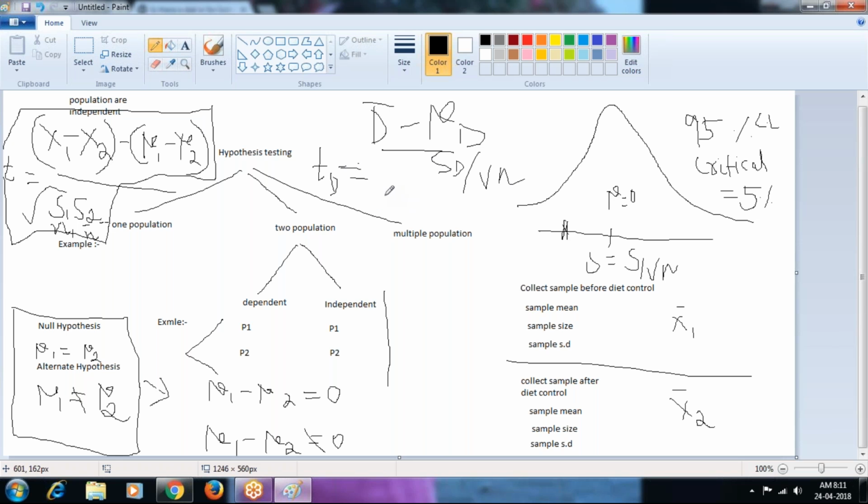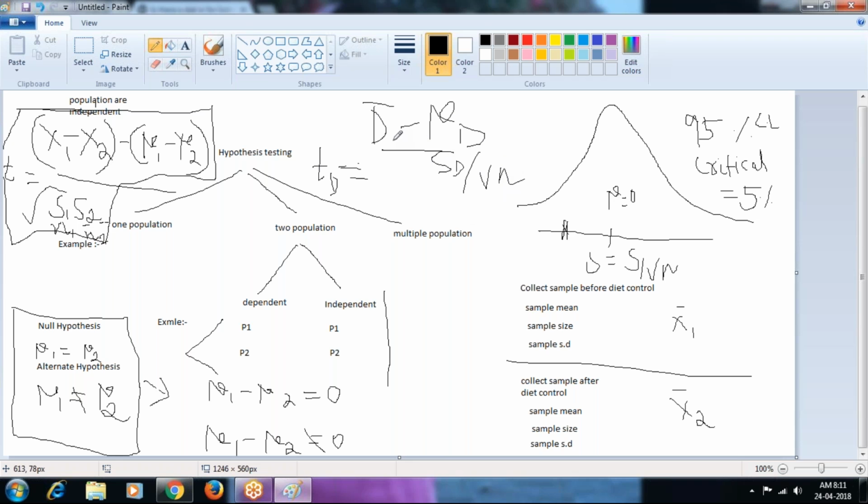So what it is saying is that if your populations are independent, then the t value is x1 minus x2 minus mu1 minus mu2 over the root of s1 s2 by n1 n2. But when the populations are dependent, you have to get d minus mu d divided by s of d over root n.